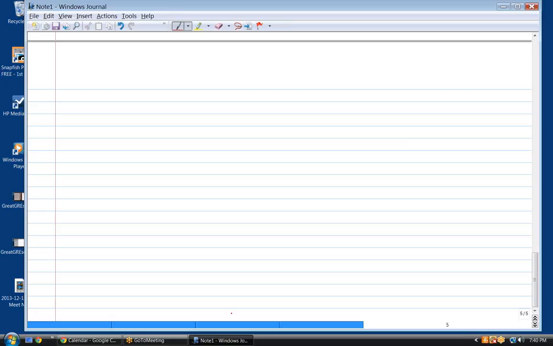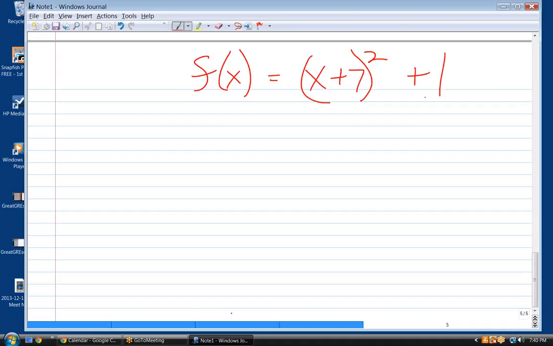Alright, my next problem is, in the graph of the quadratic function f of x equals (x plus 7) squared plus 1, determine the equation of the axis of symmetry. Okay. What is the standard or vertex format for a quadratic?